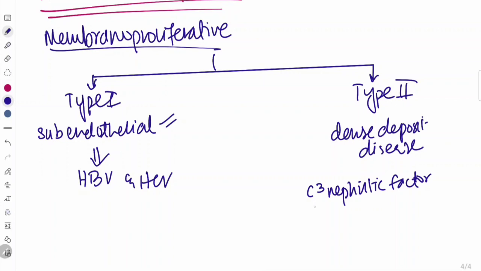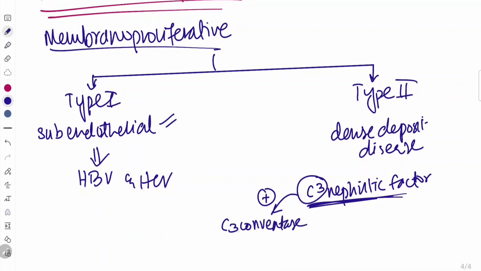It was found in the kidney, so we call it C3 nephritic factor. It is the same deal. What it does is it stabilizes C3 convertase. It doesn't activate it, it stabilizes it.